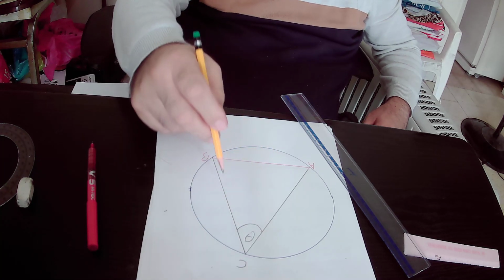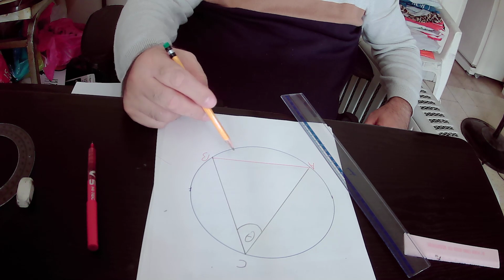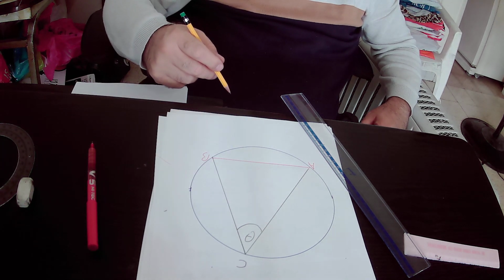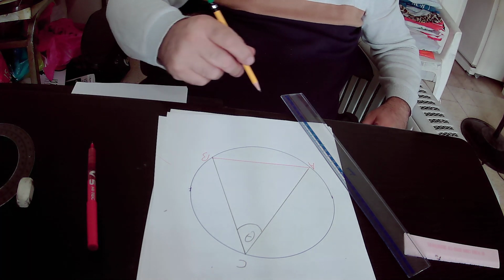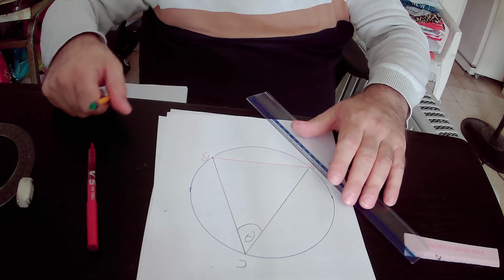Angle ACB that is equal to theta subtends on line segment AB, and we have also another angle that equals theta that subtends on the same line segment AB.